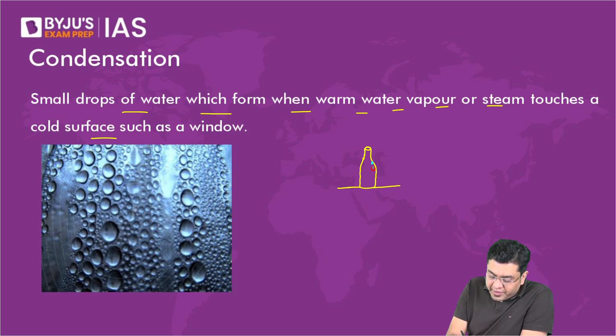Small droplets will develop on all sides, just like you see here. Now, where do these droplets of water come from? Have you ever tried to question that? If I'm bringing out a utensil and keeping it on the table, where does that droplet come from?